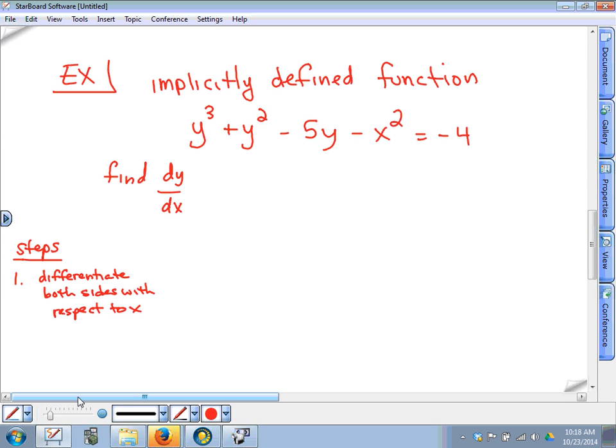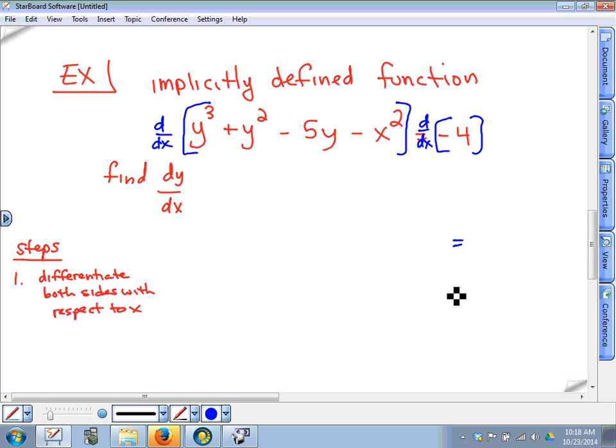Both sides of the equation. So let's do that. This side needs to be differentiated with respect to x, and this side over here, we need to find the derivative with respect to x.